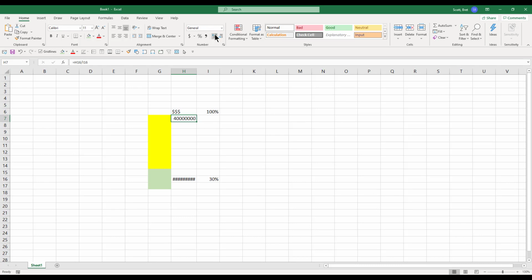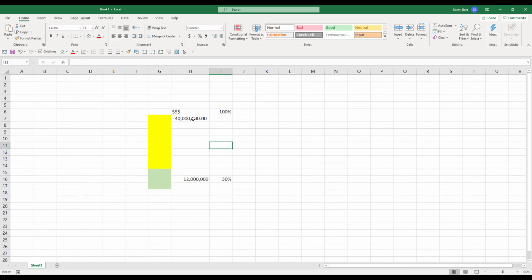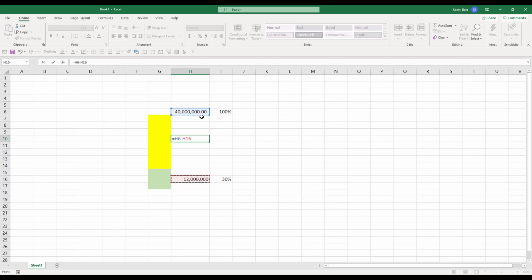Let me zoom in so you can see it a little bit better here. 40 million. So 40 million represents the full amount, 100%, whereas 30% of that is $12 million. That makes sense. That means the amount of book value and fair value that I don't own, that's owned by other shareholders, is the difference.